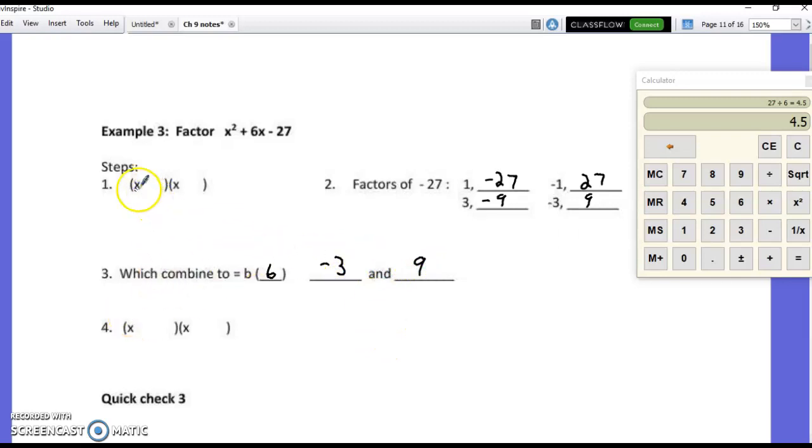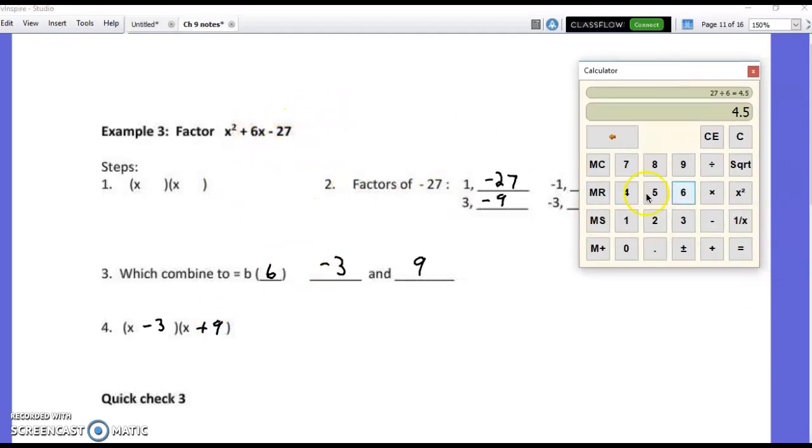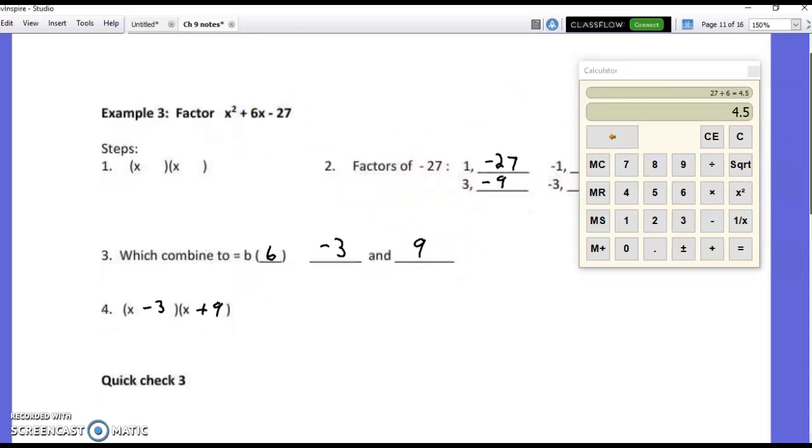So in your answer, after you do your two x's, you're just going to write those in there. Negative 3, positive 9, and you are factored. All right, so in some ways, I think having this negative 27 is kind of easier, unless they're both positives. Then we know we're just dealing with positive numbers. When this is negative and that's positive, then we're mixing them up quite a bit.